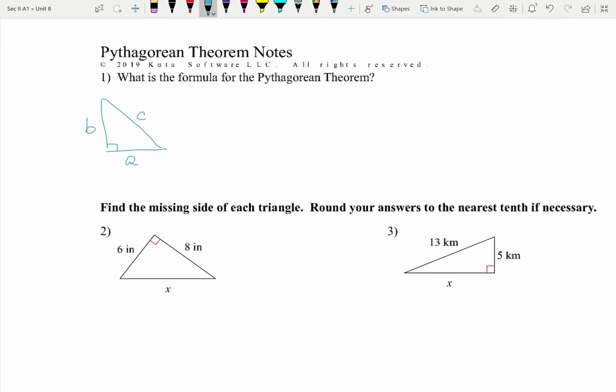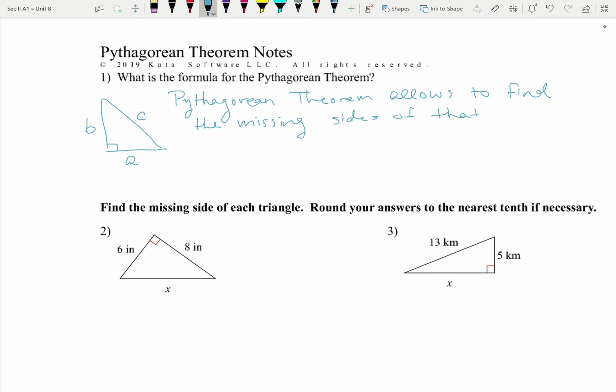The Pythagorean Theorem allows us to find the missing sides of that triangle. And the theorem itself is a squared plus b squared equals c squared.